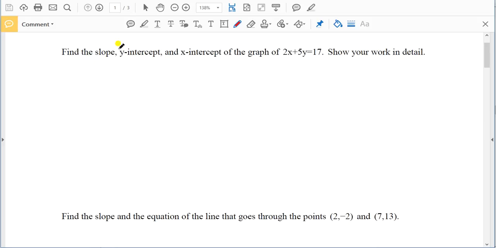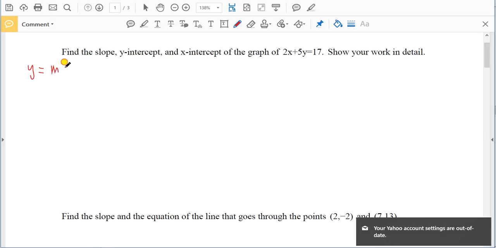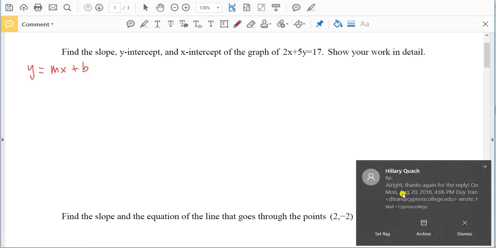Now, in order to find a slope, this one is in the standard form of the equation, ax plus by equals c, but I can find the slope just by converting it into the form y equals mx plus b.